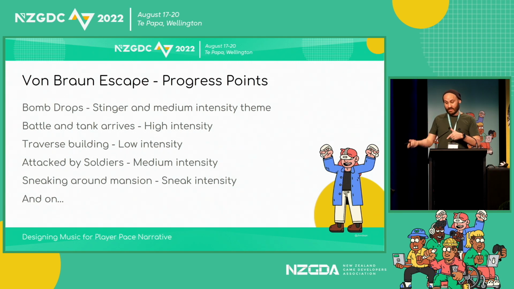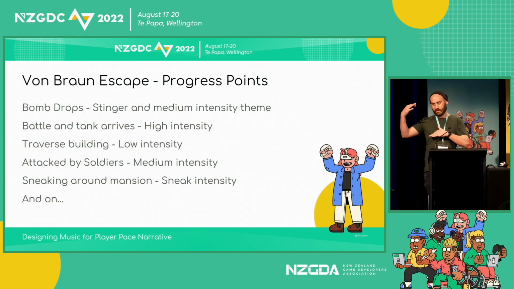So even though the music is high intensity there, in the mix it's underneath the sound design, definitely. Traversing the building is low intensity. Attacked by soldiers is actually low intensity. This card's wrong, sorry. And then sneaking around the mansion has a kind of key change, but still low intensity, and a meter change so that it feels a bit more tense. And I'll play you a little bit of what that sounds like.